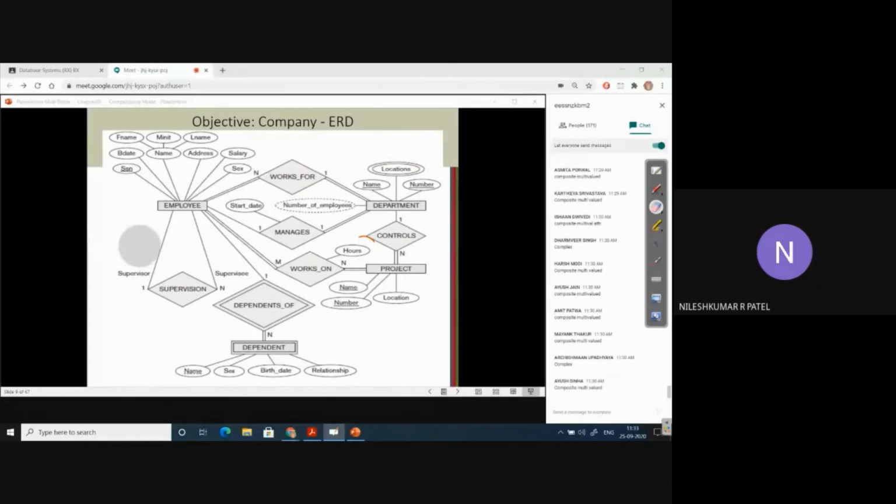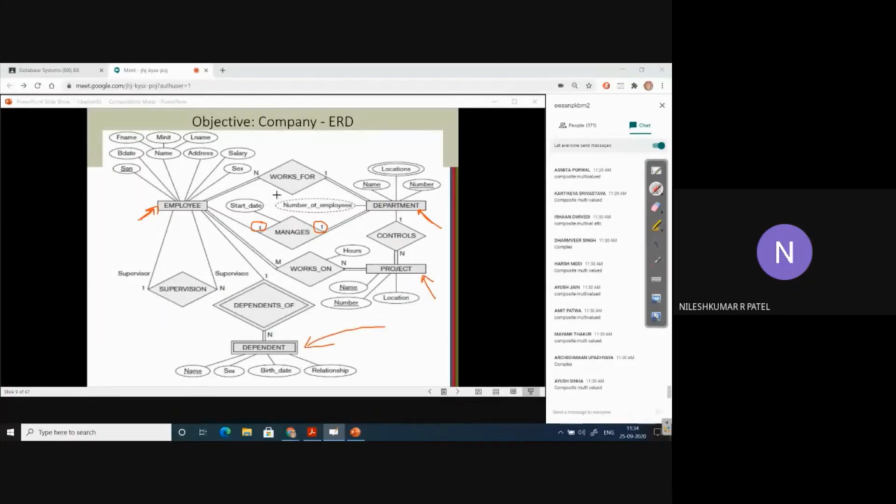And there is a specific answer for this too. That answer lies in the cardinality ratio. According to cardinality ratio, when we are creating our database using any database management system like Oracle or MySQL, every entity type will be created by creating a table. There will be one table called employee, another table called department, and we will have to create a table for project.